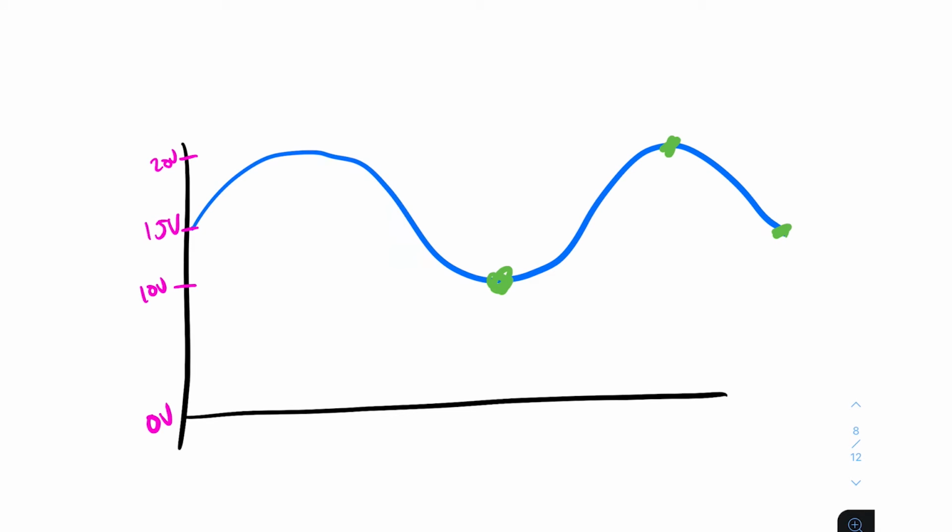Amplitude is the fluctuation or displacement of a wave from its mean value. Okay, so what's the mean value of this waveform? Well, I can tell you, I just draw a straight line straight through it. Although my sine wave drawing isn't the best, the mean value here would be 15 volts. Right, a line straight through the middle of both of them. So what we've said is that amplitude is the fluctuation or displacement of a wave from its mean value.